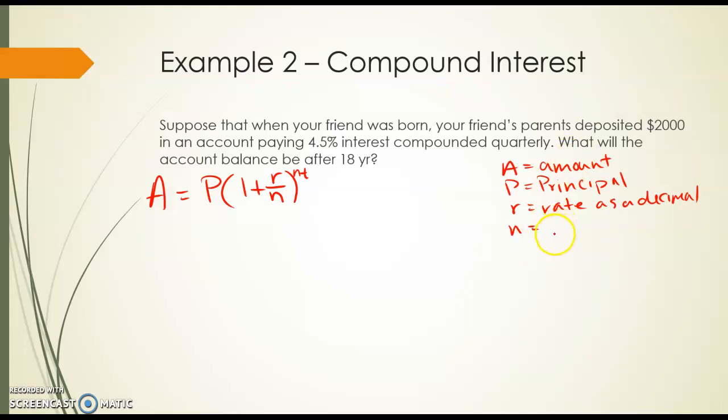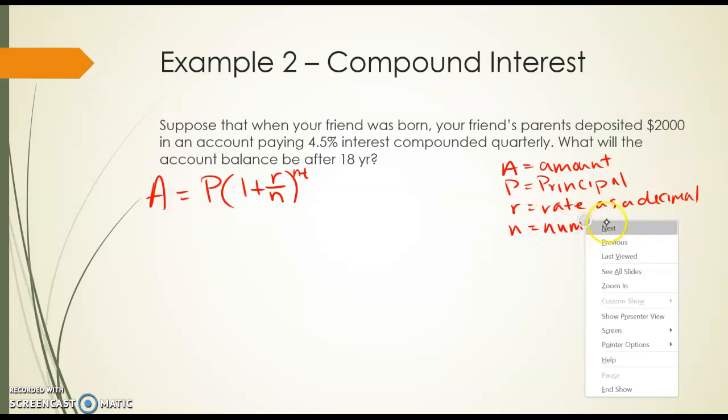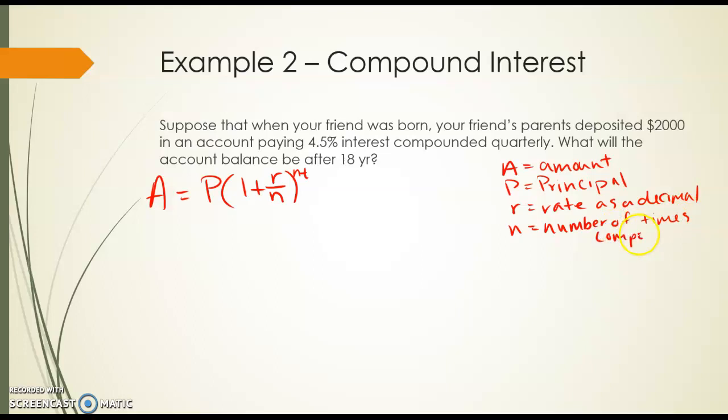So N is the number of times compounded. And what that means is how often it is figured out so that we can find the number for the entire year type of thing.